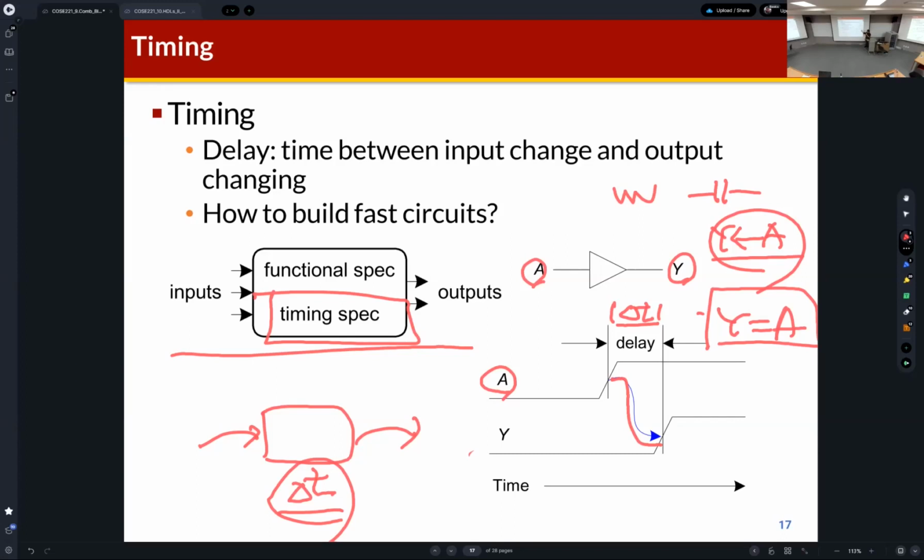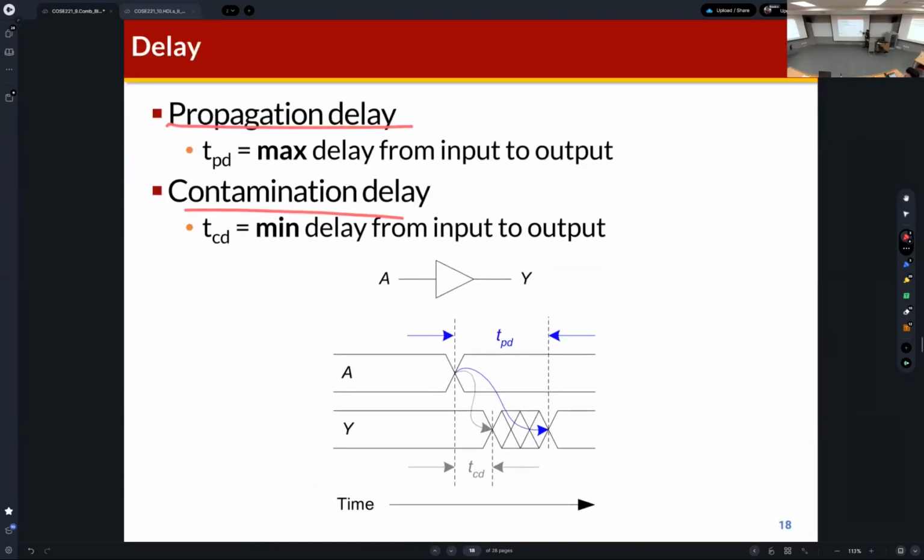But in the circuit there are delays, and there are two kinds: propagation delay and contamination delay. Propagation delay is the maximum delay from input to output, and contamination delay is the minimum delay from input to output.